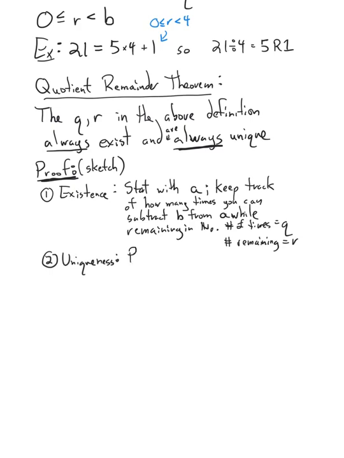So pretend, say A is Q times B plus R, so we'll call this Q1 and R1, and A equals, maybe you can do it a different way, say Q times B plus R2, so we'll call it Q2 and R2. So pretend that you can do it in two ways.